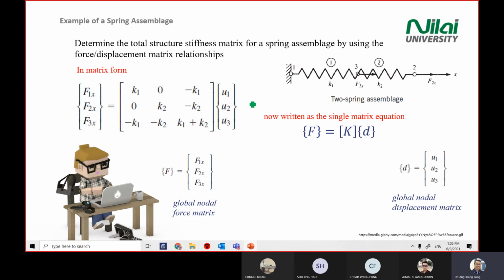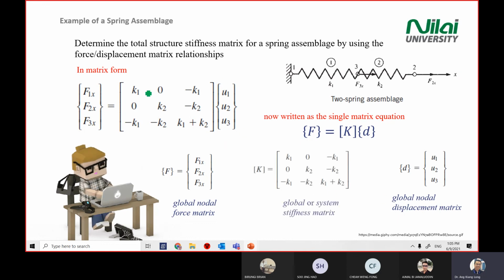D is the three displacements, U1, U2, U3, and this is your K, the global stiffness matrix. Now today we look at the general symbols. When it comes to your test or final exam, all these numbers will be given values. So you need to substitute all these values and calculate.